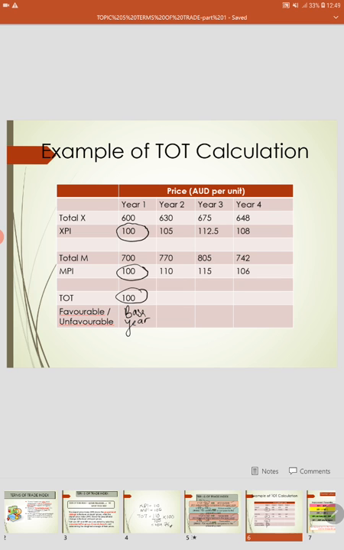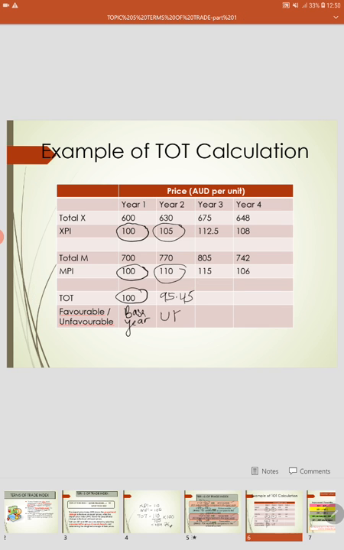XPI given is 105, MPI given is 110. So XPI over MPI times 100 gives 95.45. We compare this with the base year. 95 is obviously lower than 100, so the result is unfavorable.